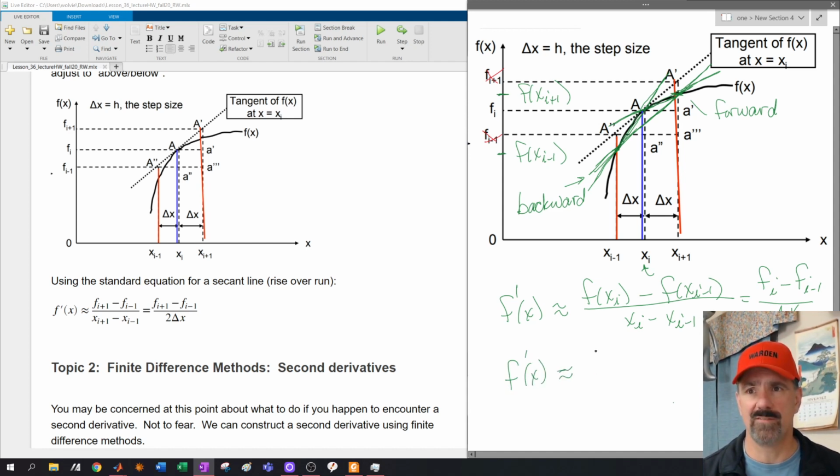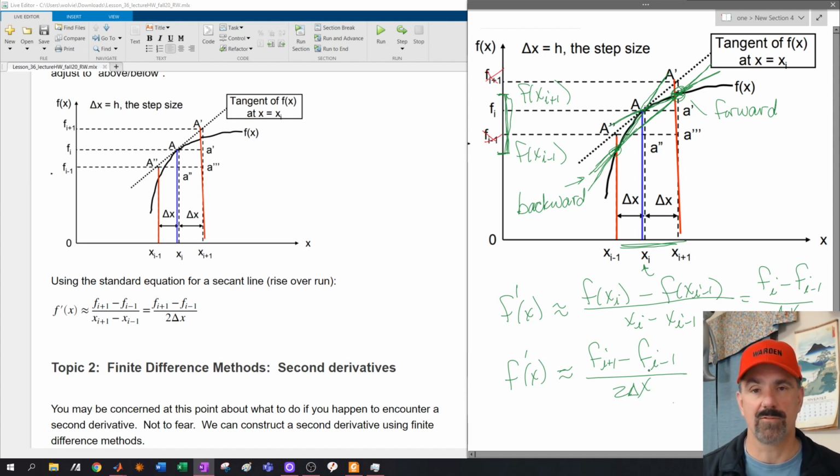So the derivative is approximately f sub i plus 1 minus f sub i minus 1. Sorry, this is f sub i plus 1. So we're out here taking this front point, and we're subtracting from it this back value here. So we're taking this rise, and we're dividing it by the run, which in this case is 2 delta x's. And that is our improved approximation for slope.